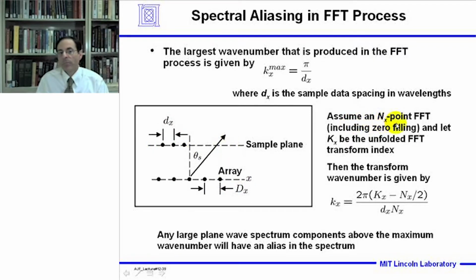If we assume an Nx point FFT including zero filling and let capital K sub x be the unfolded FFT transform index, then the transform wave number is given by the expression shown here, and any large plane wave spectrum components above the maximum wave number, Kx max equal to pi over dx, will have an alias in the plane wave spectrum.